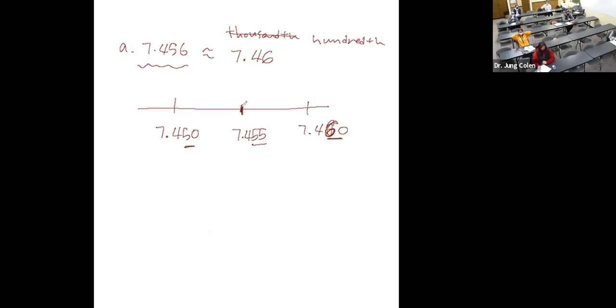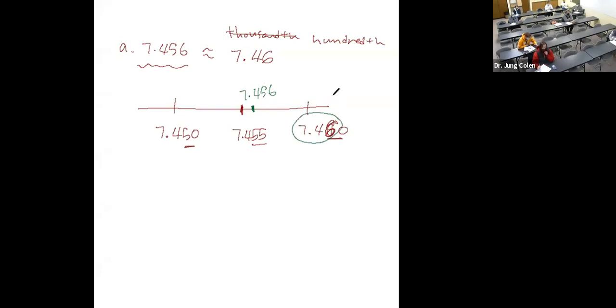Right in the middle should be 7.455. So 7.456 will be right here. This is 7.456, right? Is this closer to 7.45 or 7.46? 7.46, right? That's how we are rounding that up.